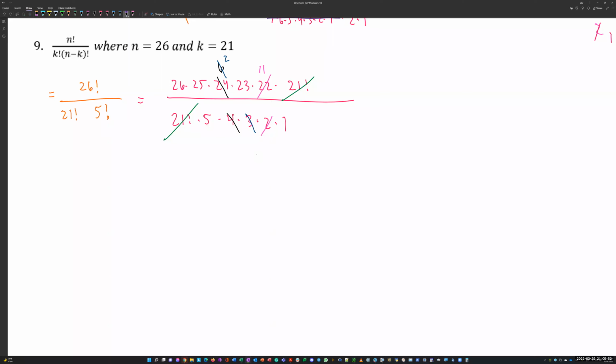5 into 25? 5 goes into 25 5 times. So then we would have 26 times 5 times 2 times 23 times 11. Does that make sense? And believe it or not, you could probably do this in your head. This is 10, this is 11, that's 110. And then we really could do this, but I wouldn't. I would just do this on my calculator now.